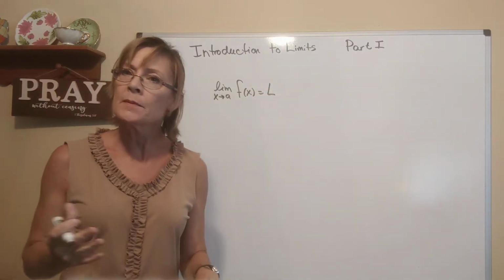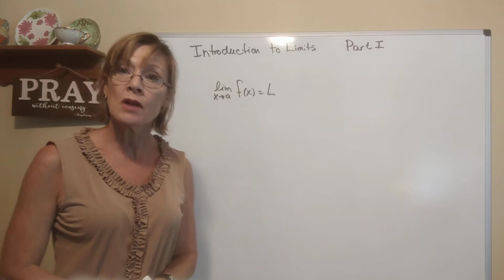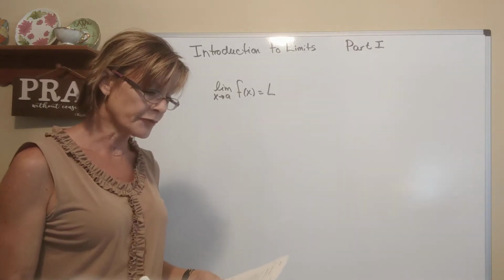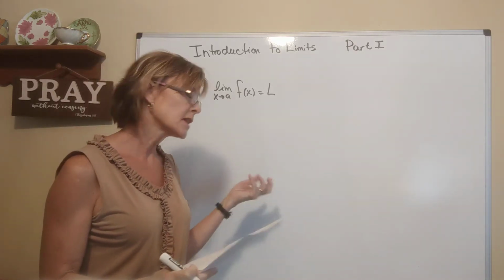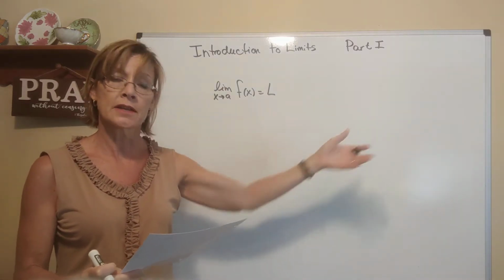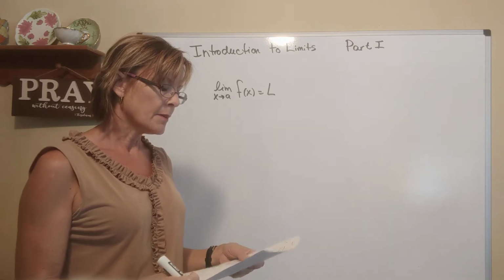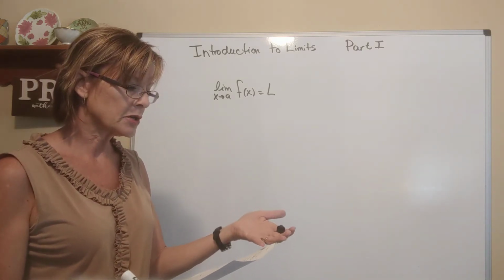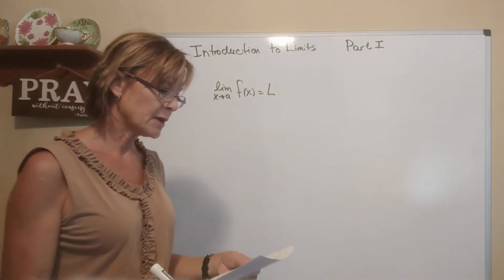So a limit of a function is a new concept for most of you guys, and I'm about to explain what it is. I'm going to draw a picture of the function f, and we're going to discuss what the limit is. Here's number 1 and number 2. It says these conditions must be met.